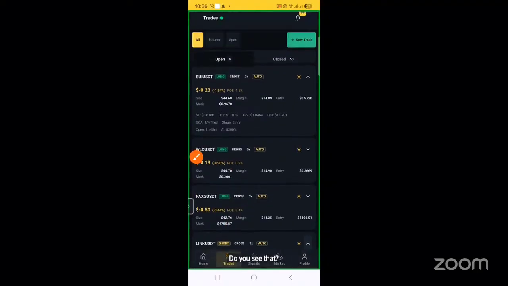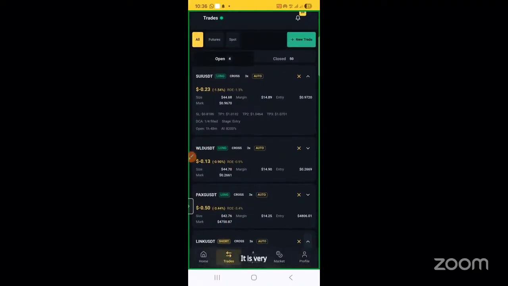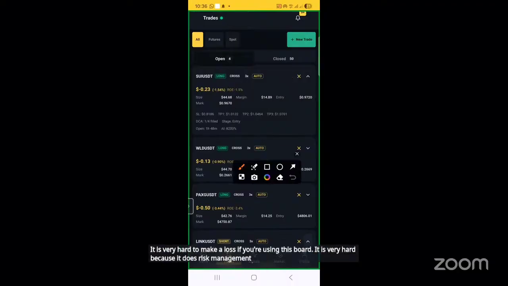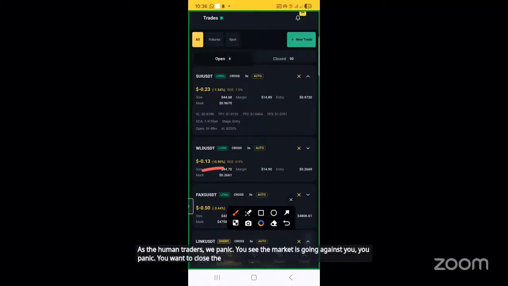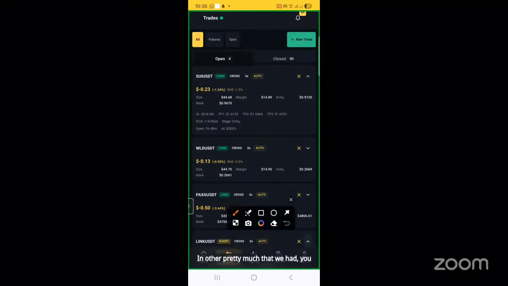That's why it is very hard to make a loss if you're using this bot. It is very hard because it does risk management and does not panic. As human traders, we panic. You see the market is going against you, you panic. You want to close the trade or you want to add money. In other trading bots that we had, you had to put in what were they called?